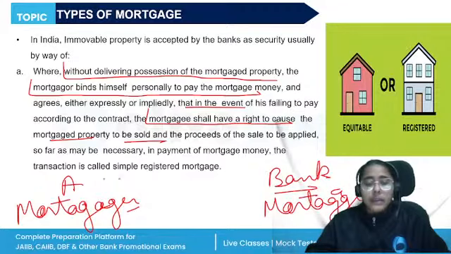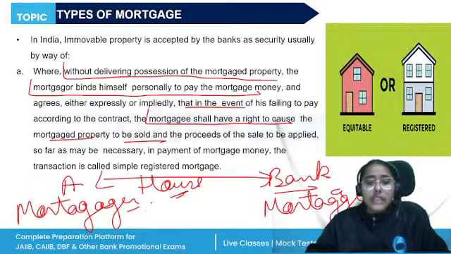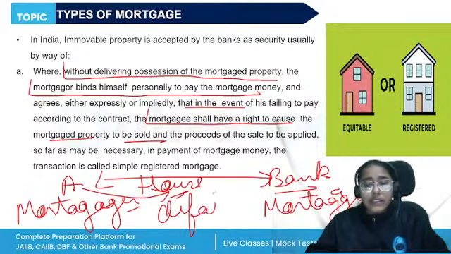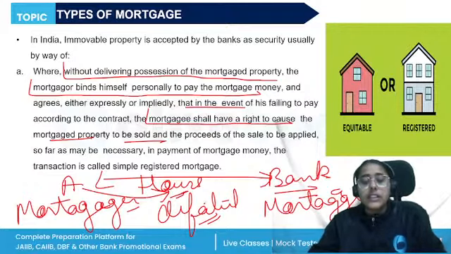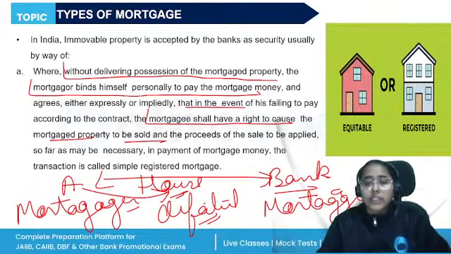And if the property, let's say a house, is mortgaged by the borrower, they need not give possession to the bank right away. They can still hold the possession, and if they default, then the bank will have the right to sell off the mortgaged property for the payment of the mortgage money, and the transaction is called a simple registered mortgage.